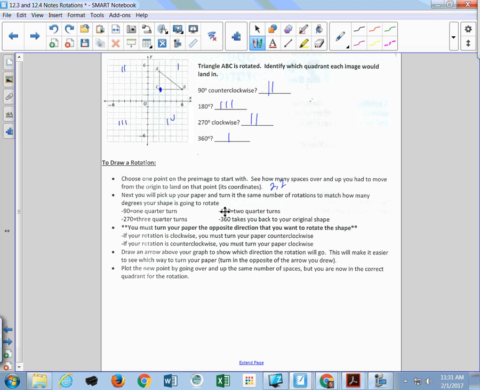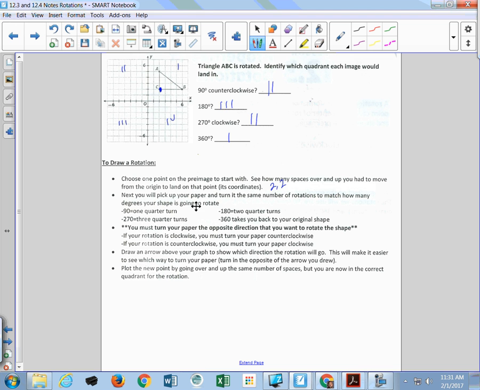If you want to go 180, you're going to turn it twice. 3 times for 270 and 4 times. Now, you must turn your paper the opposite direction that you want to rotate the shape. So if you're doing a clockwise rotation, you're going to rotate your paper counterclockwise. All right, so if you're going to do a counterclockwise, you're going to rotate your paper clockwise.